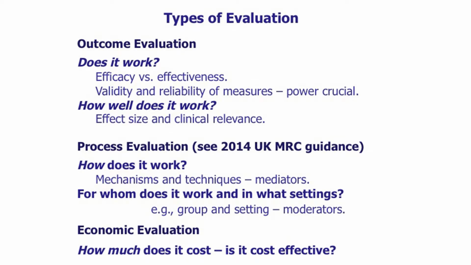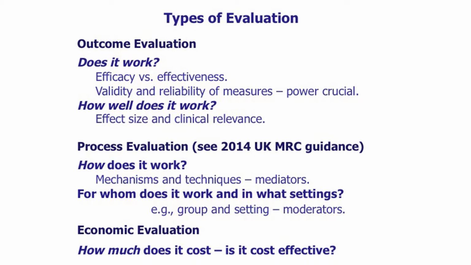So there are different kinds of evaluation. The first kind is an outcome evaluation, and this tells you whether or not the intervention worked. So that's why we define those outcomes early on in the design process. So if it's a weight loss intervention, we need to know, did people actually lose weight? So that's our outcome evaluation.